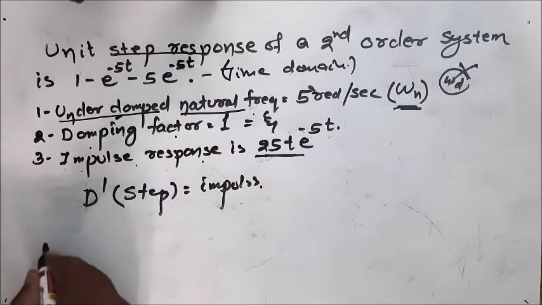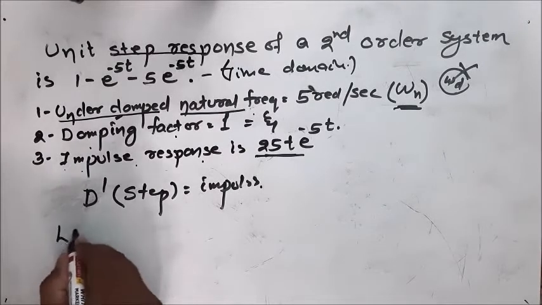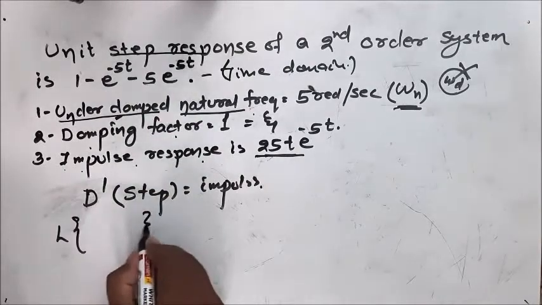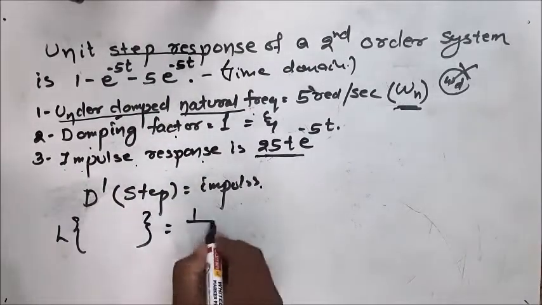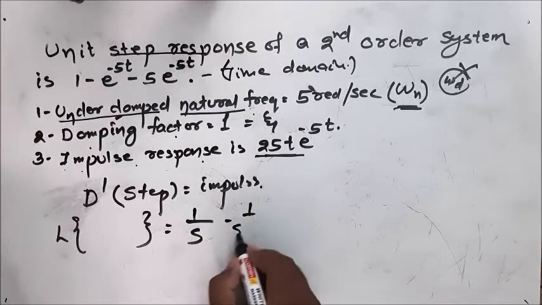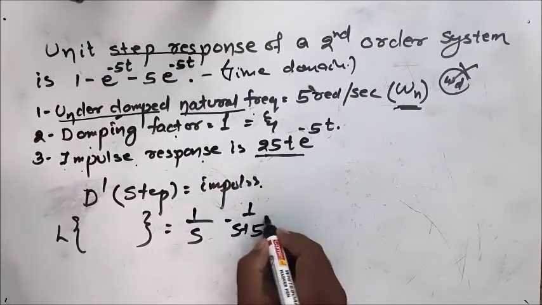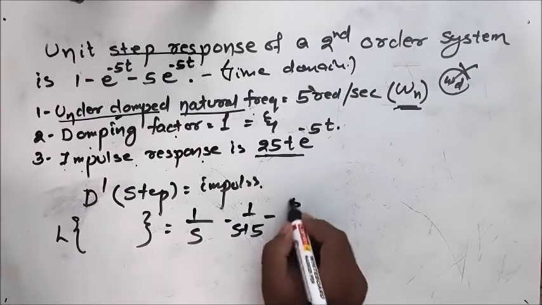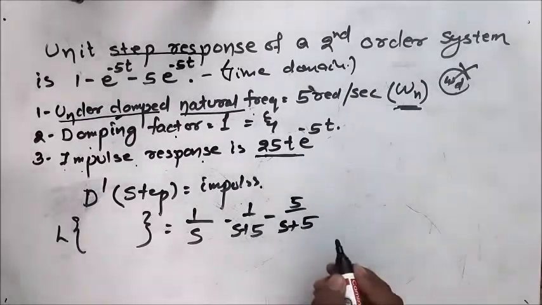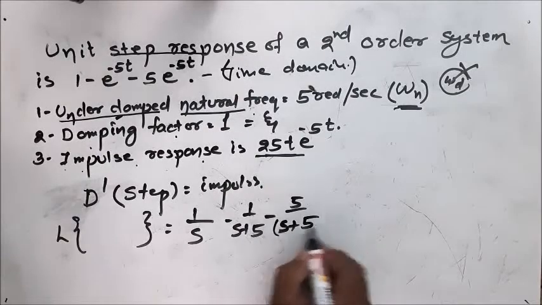So what is the Laplace transform? The Laplace transform of this equation is equal to 1 by s minus 1 by s plus 5 minus 5 divided by s plus 5, the whole square.